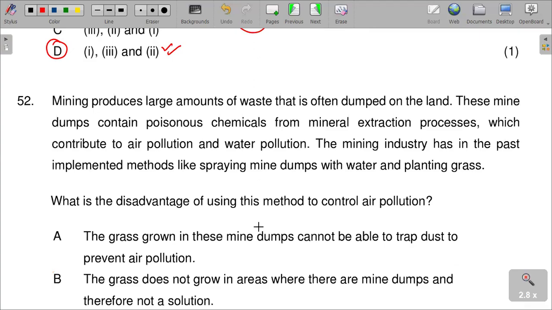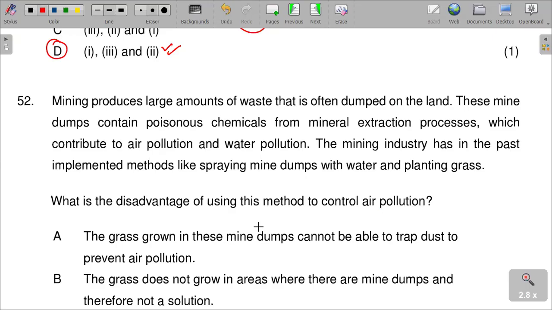Mining produces large amounts of waste that is often dumped on the land. These mine dumps contain poisonous chemicals from mineral extraction processes, which contribute to air pollution and water pollution. That is very true. The mining industry has in the past implemented methods like spraying mine dumps with water and planting grass.